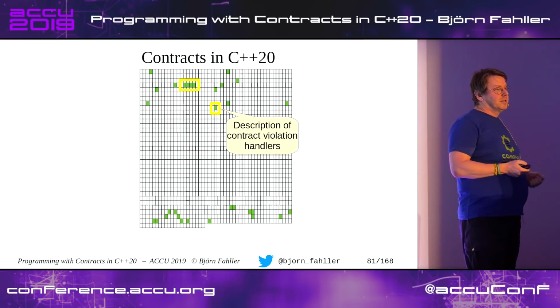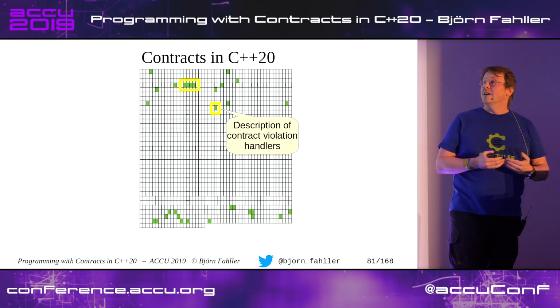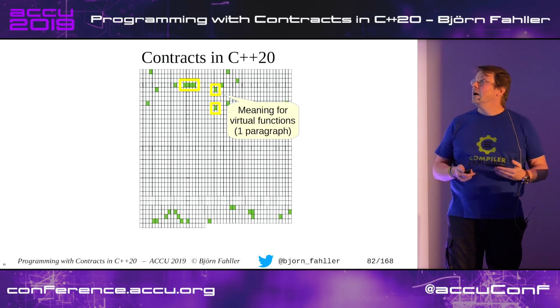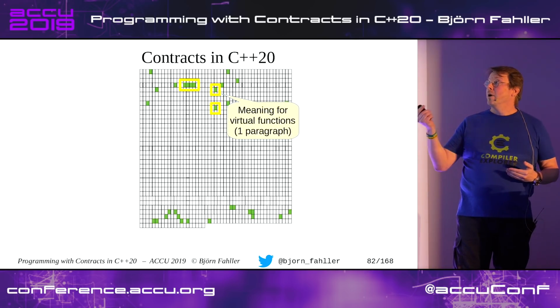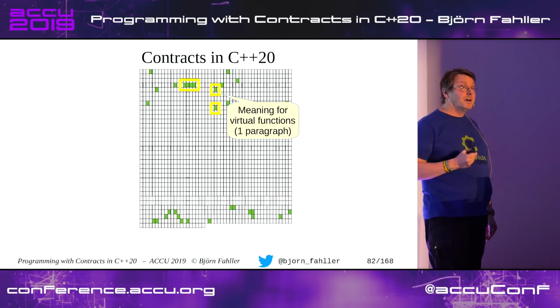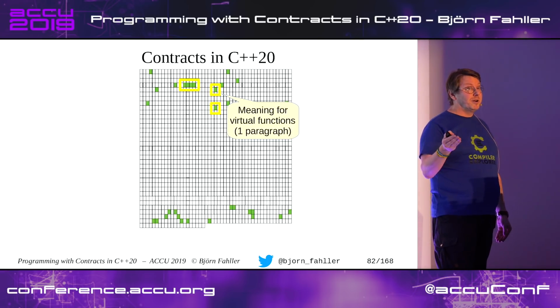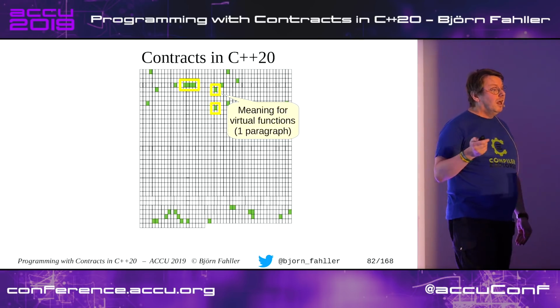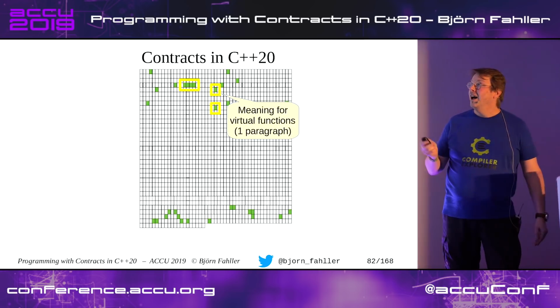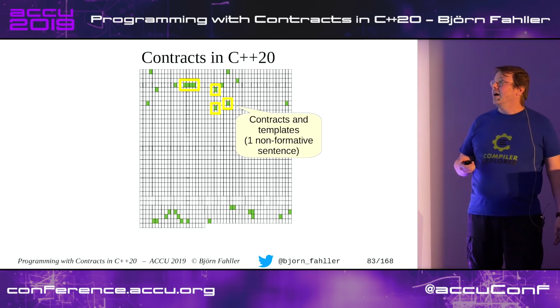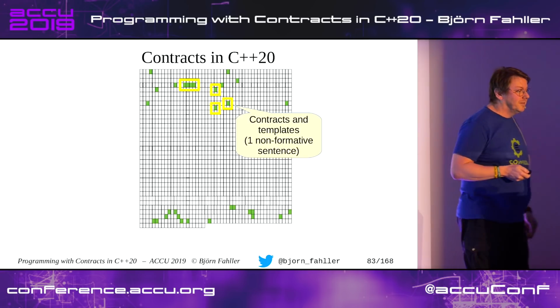We have 1 page that talks about contract violation handlers. 1 paragraph about virtual functions that I swear it took me 4 days to read before I understood what it said. And 1 sentence about templates.